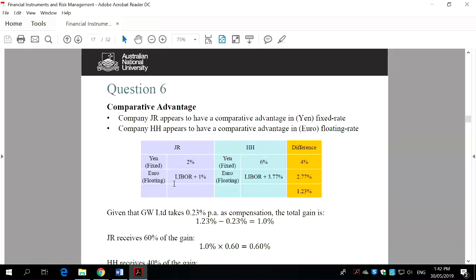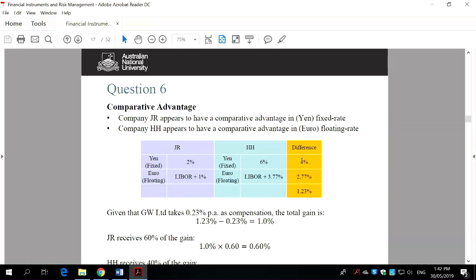JR's cost of borrowing in the euro market is LIBOR plus 1. On the other hand, Hedge has LIBOR plus 3.77%. But the difference is smaller in the euro floating market. So basically, Hedge has a comparative advantage in the euro floating market, whereas JR has a comparative advantage in the yen fixed market.